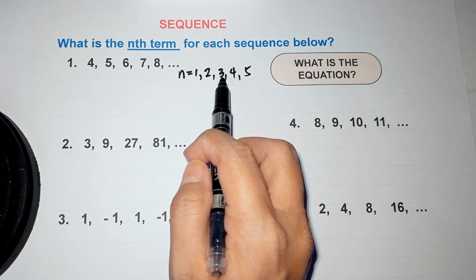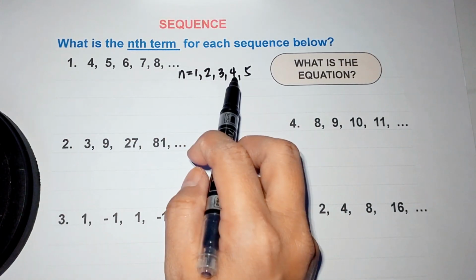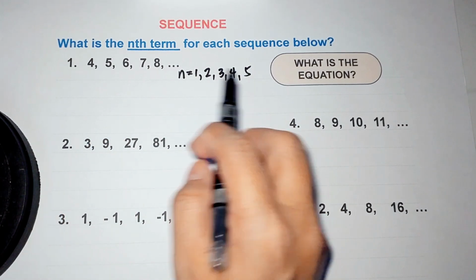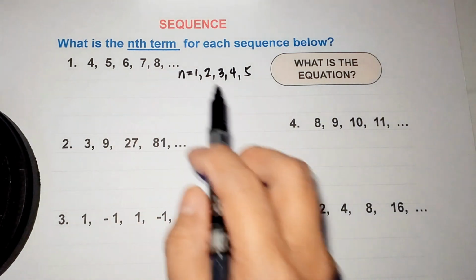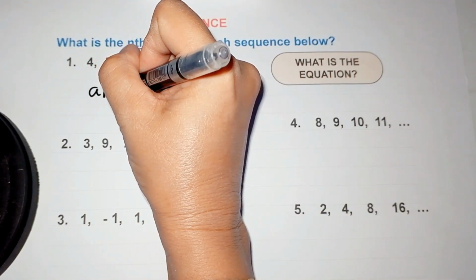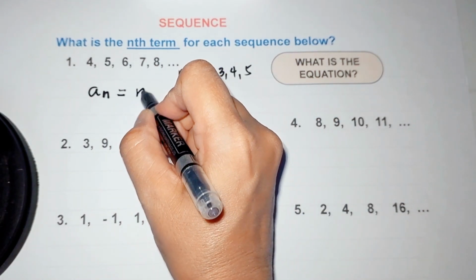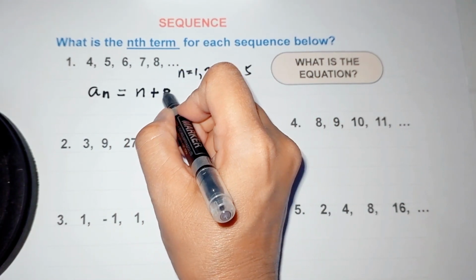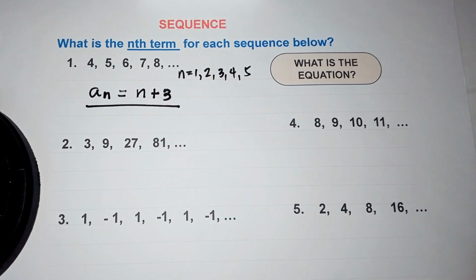Let's go on to the next. 3 plus 3 is 6. Then 4 plus 3 is 7. 5 plus 3 is 8. So, adding 3 works for all of the terms of this given sequence. Therefore, the formula for a sub n is equal to the value of n plus 3. A sub n equals n plus 3.